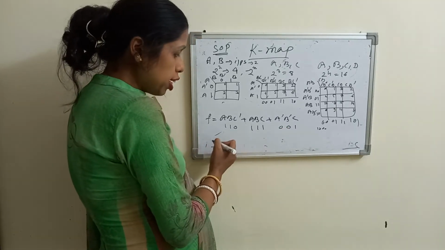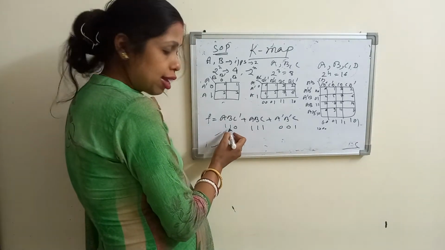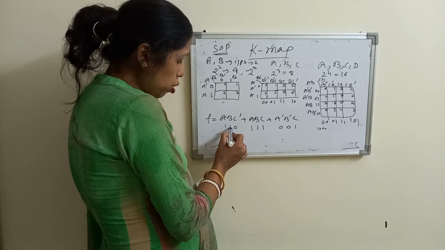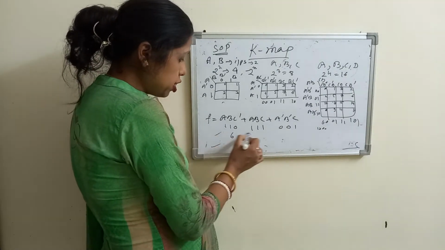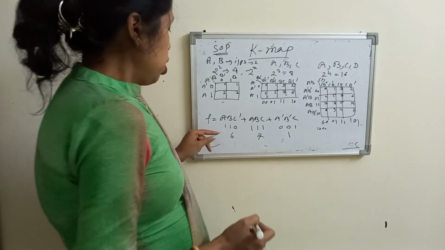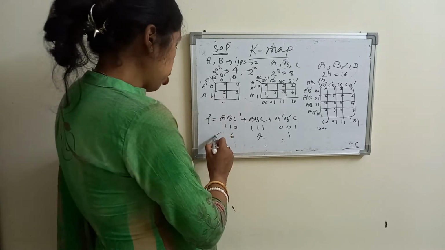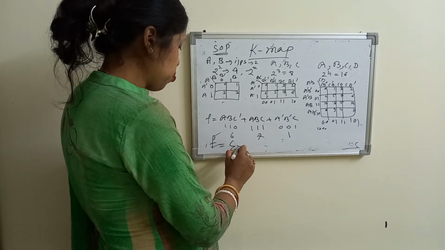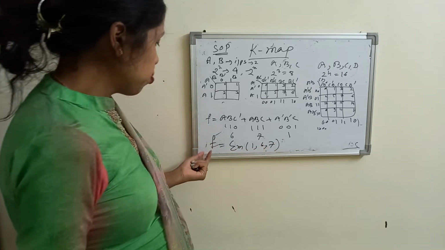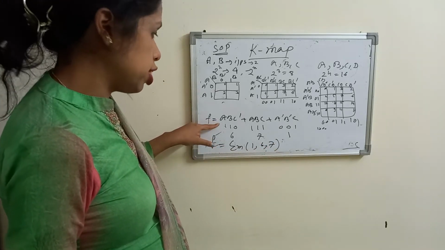If you convert into binary, this is 6. This is 7. This is 1. So from the function, the function will be like this in terms of minterms: 1, 6, 7. So you have this question or this question.